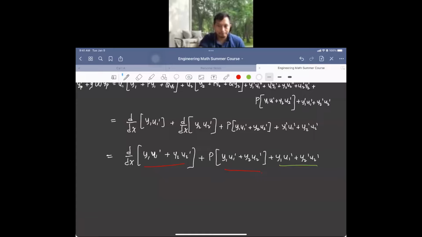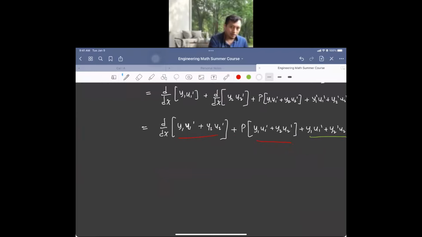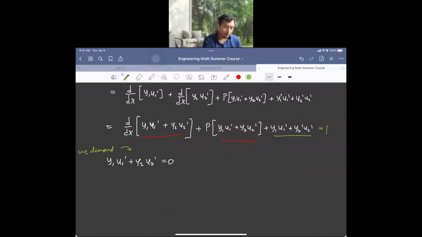We want to find u1 and u2. This is just to say that y1 u1 prime plus y2 u2 prime, we demand that this one is going to be 0. And then this will be equal to f of x.